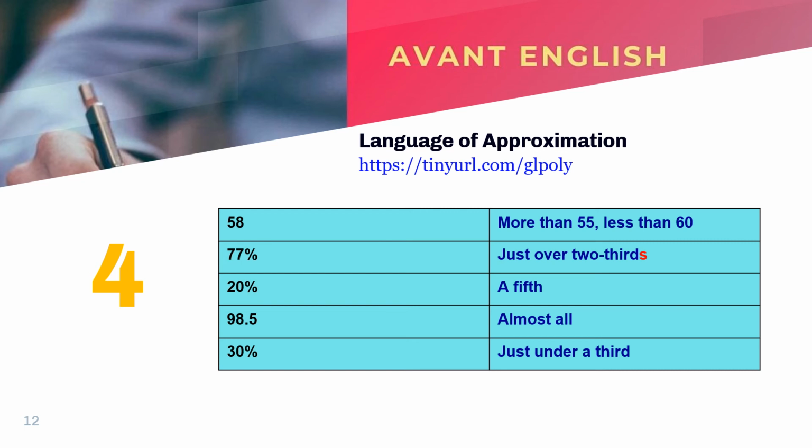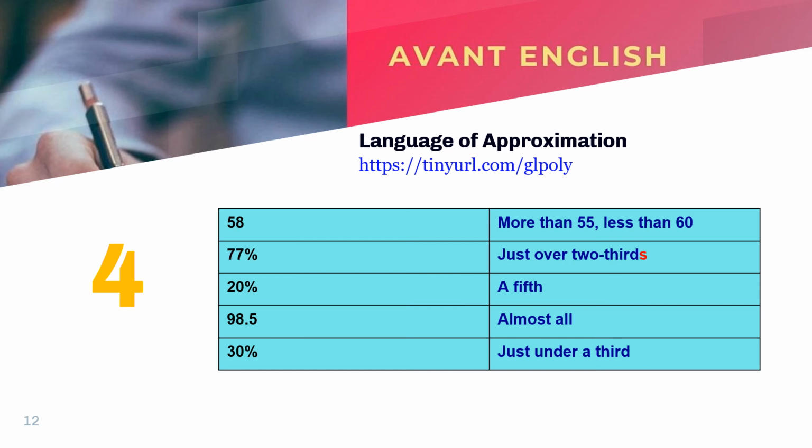Now let's take a look at language for approximation. Just as you need language to help you describe trends, you also need language of approximation to help you, especially when you're looking at the charts or graphs on the writing task 1 for the IELTS. As you look at the chart here, we have some examples to help you out. For example, maybe the number is 58. You can say, well, that's more than 55, or you can say, well, just less than 60.